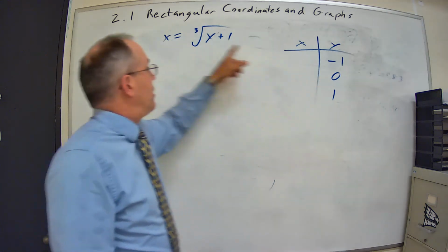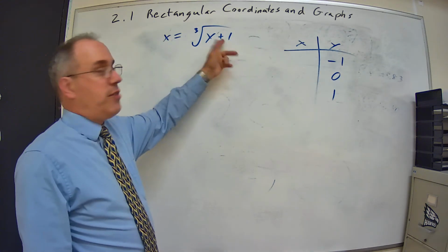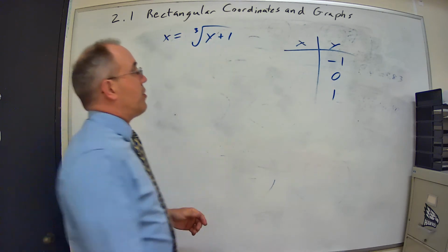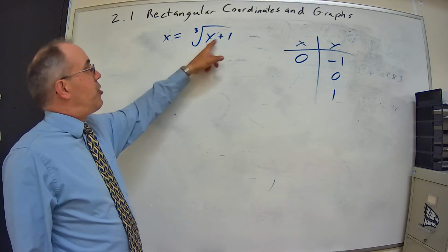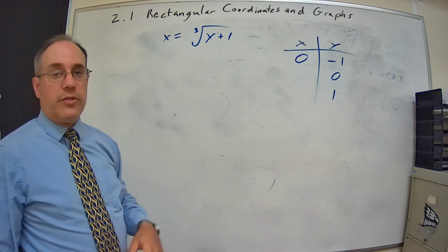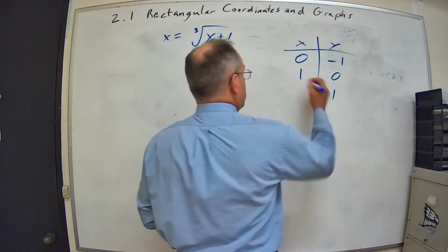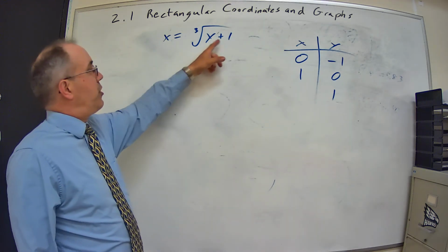So -1, -1 plus 1 gives me 0. The cubed root of 0 is 0. 0, 0 plus 1 is 1. The cubed root of 1 is 1. 1, 1 plus 1 is 2.